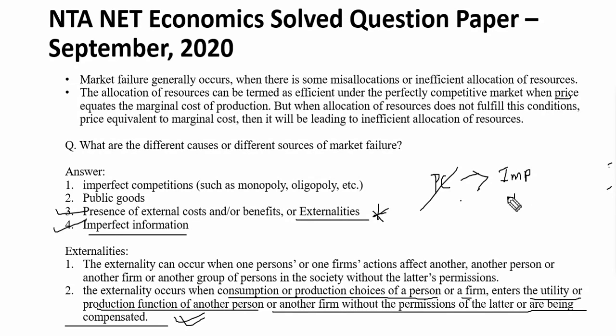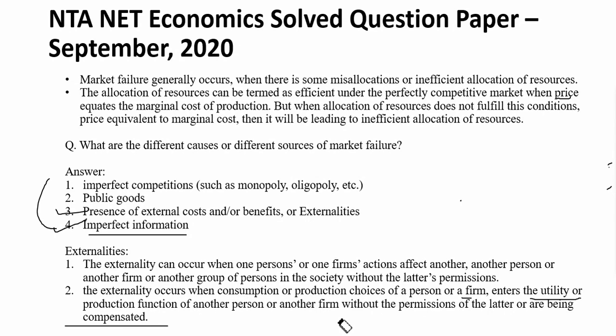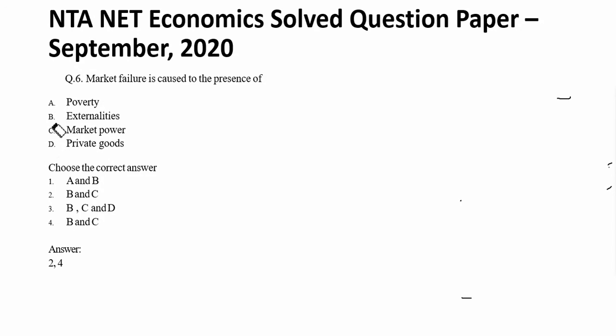The buyers will not get any idea about the seller's point of view, and the seller will not get any idea about the buyer's point of view. Because of this asymmetric information, there will be market failure. So these are the four reasons for market failure, and let's find out which among these are given in the question, and we will solve that accordingly.